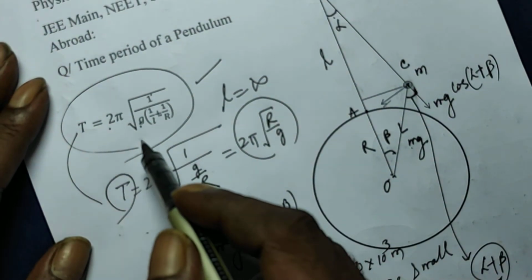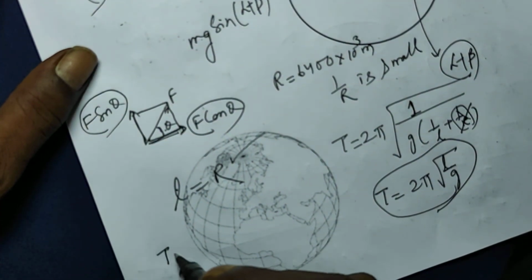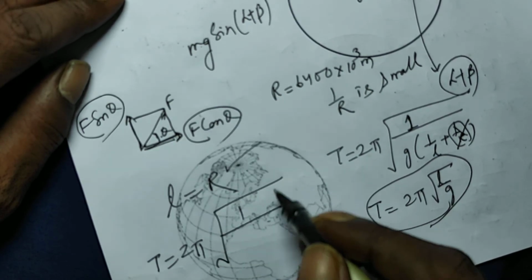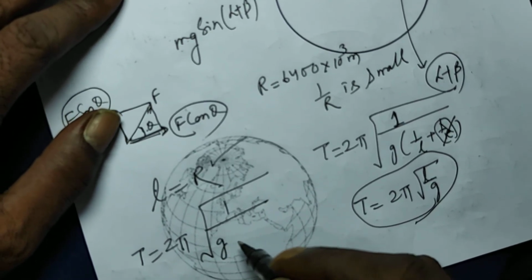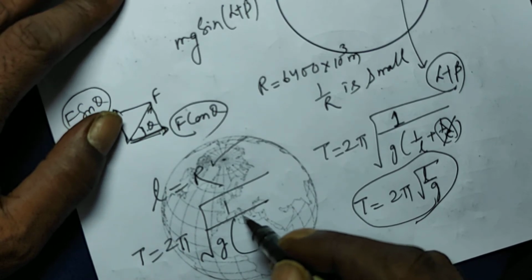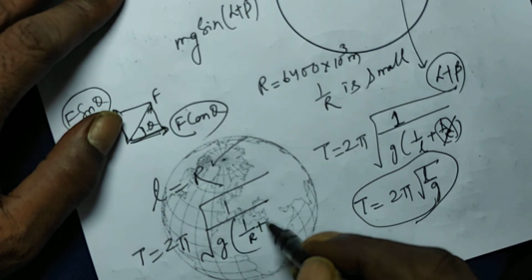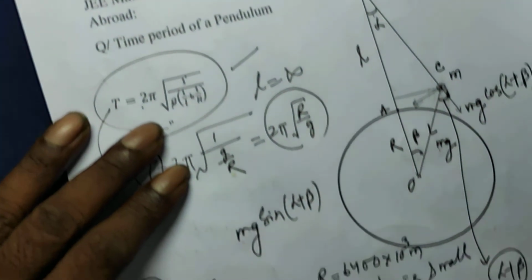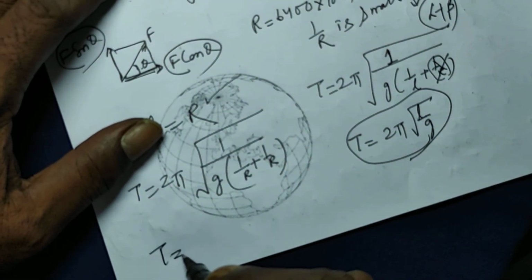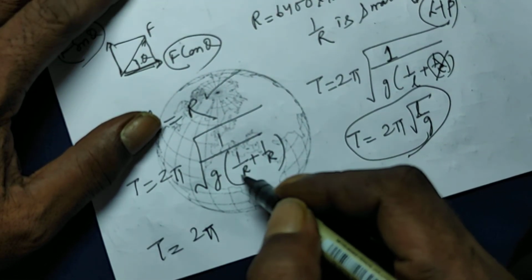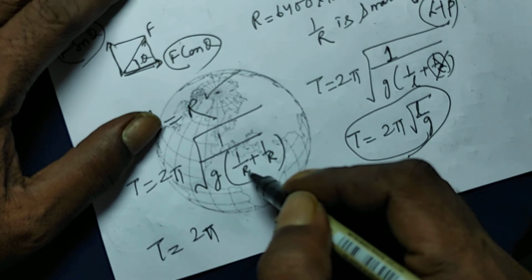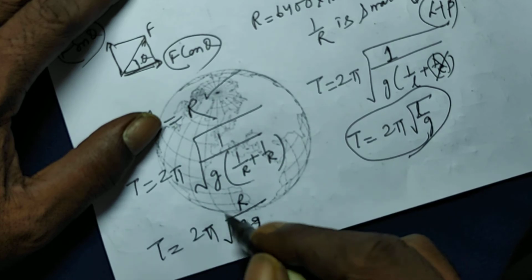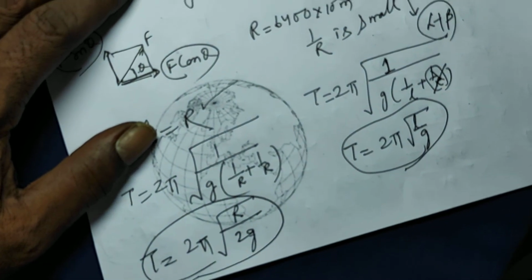So T becomes 2π times the square root of 1 over g times (1 over r plus 1 over r), because for L I substitute r. So 1 over r plus 1 over r is 2 over r. So r comes to the numerator, and T is 2π times the square root of r over 2g.